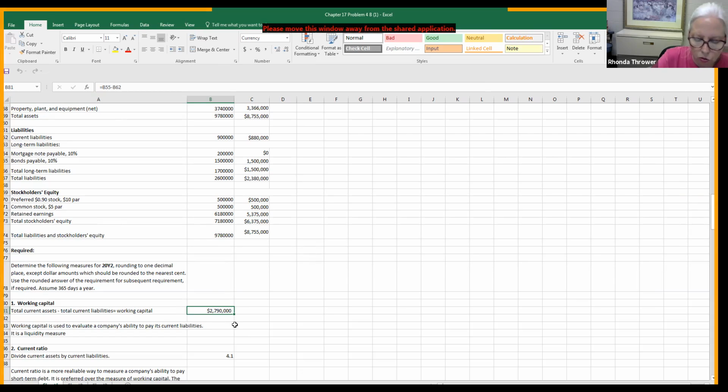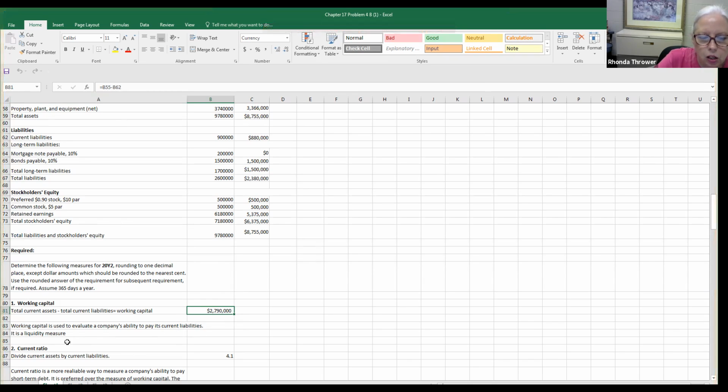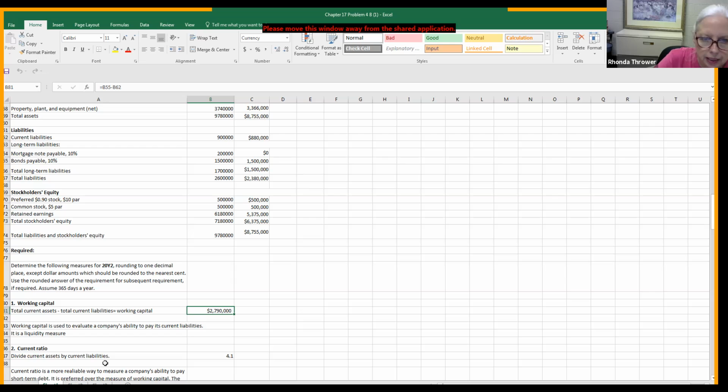The second measure of liquidity, which is also a part of current position analysis, is what we refer to as the current ratio. And when you're determining your current ratio, you're going to divide your total current assets by your total current liabilities.